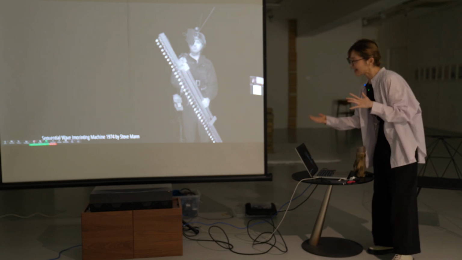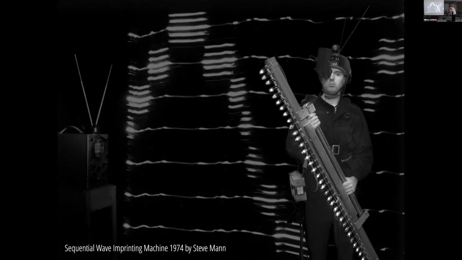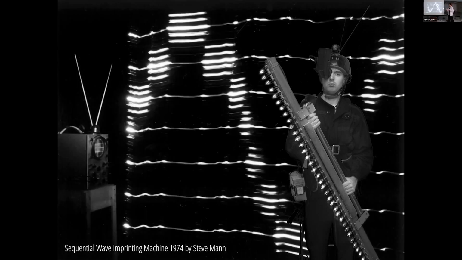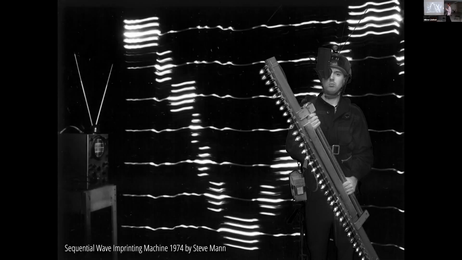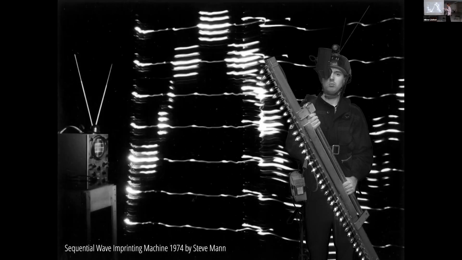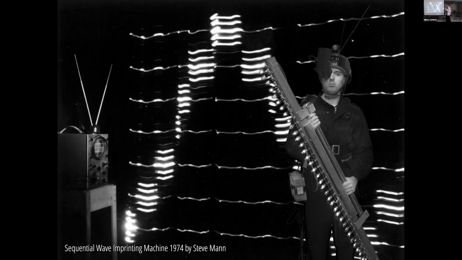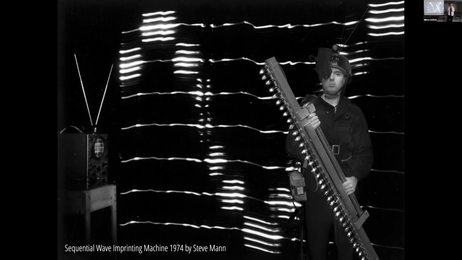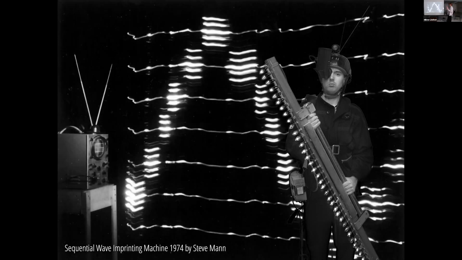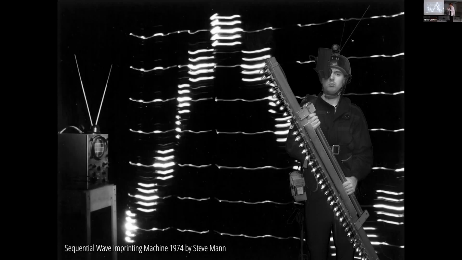In academia, the Canadian-based inventor Steve Mann, many years ago in 1974, created this very interesting device to visualize some invisible signal, and in this case, it was radio frequency.